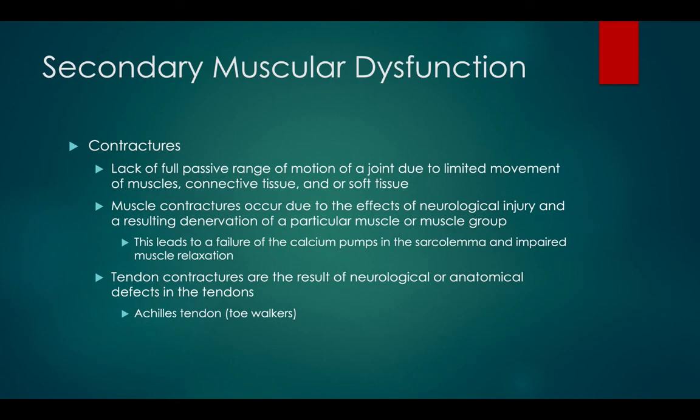And it's critical for healthy muscles to have constant stimulation from the neurological system. If you lose that stimulation from the neurological system on the muscle, then the muscle starts becoming abnormal. It doesn't contract. It becomes very stiff, and that's how you get contractures.